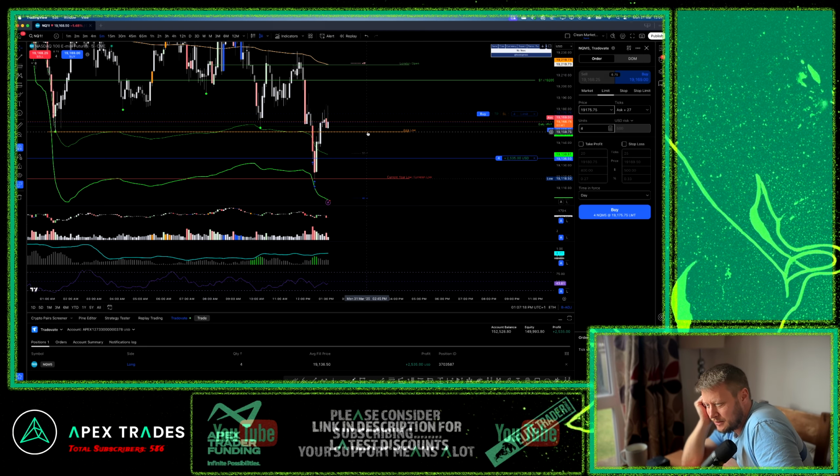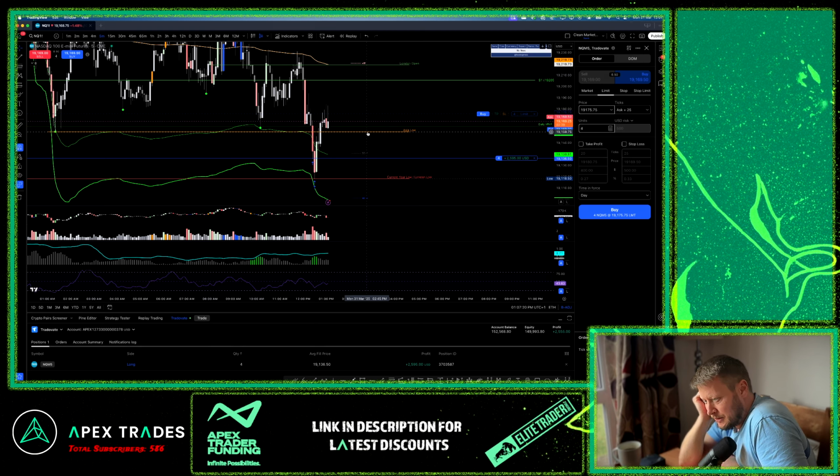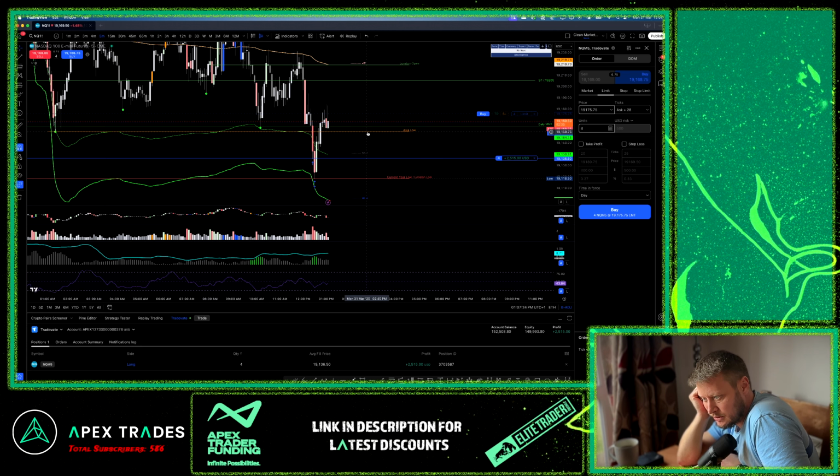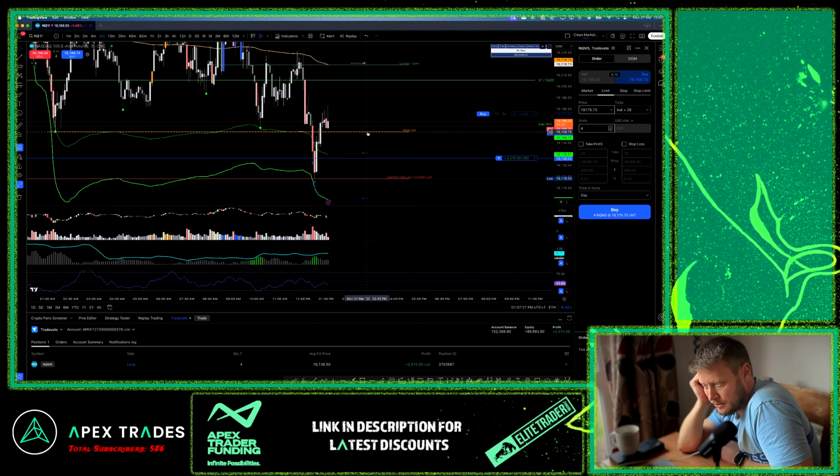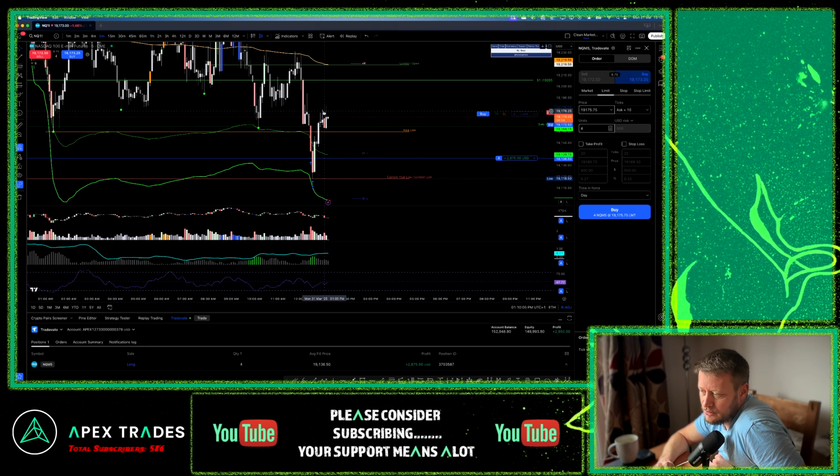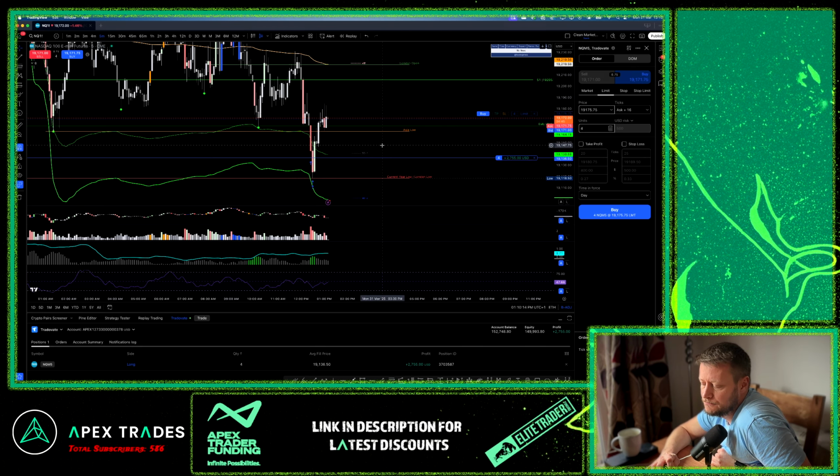Keeps getting rejected at what was support, now acting as resistance. You can see it's difficult to break through. Them long wicks are just not good, are they? Just all getting absorbed.